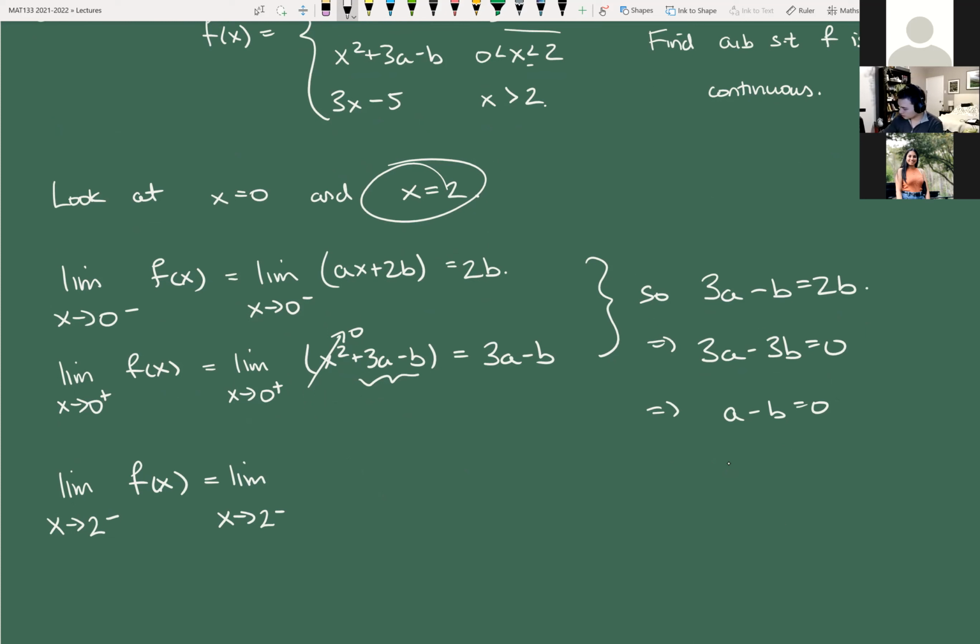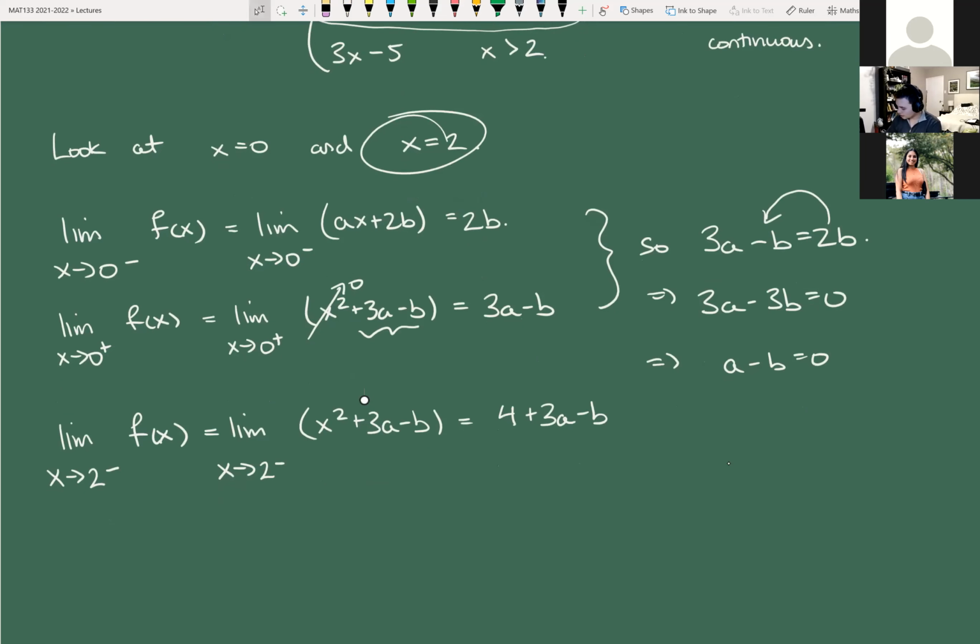Because we're still in this regime, we're less than 2, right? Does that make sense? Oh, so I subtracted 2b from both sides, and that gave me 3a minus 3b. And if it was from above, it'd be the last row, exactly, which we're going to do in a second anyway.